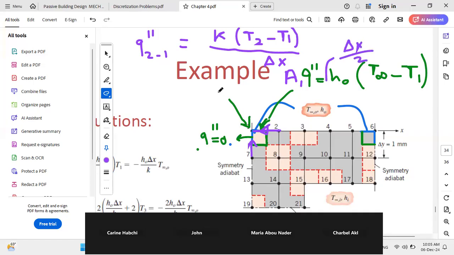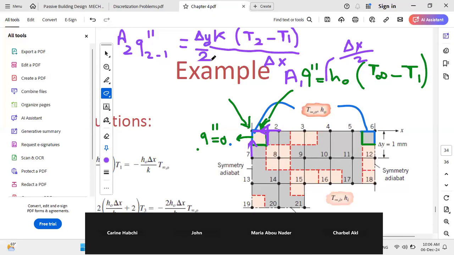Now, conduction is also taking place at this face, and this face is characterized by an area of delta y over 2 times 1. So we need to multiply by area 2, which is delta y over 2.